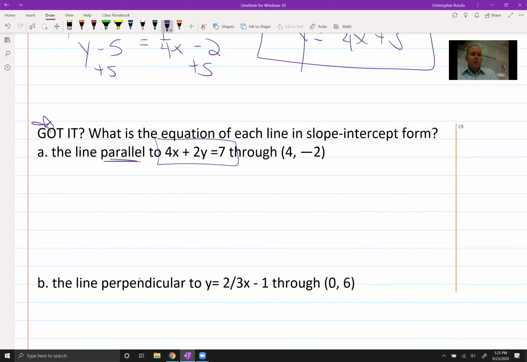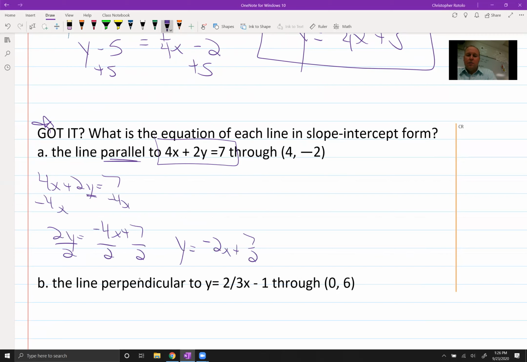So I'm going to bring my equation down here. I can't tell what the slope is until I solve for just y. So what I'm going to do is subtract 4x. So I have 2y equals -4x plus 7, and I'm going to divide by 2. So now I find out that y equals -2x plus 7 over 2.